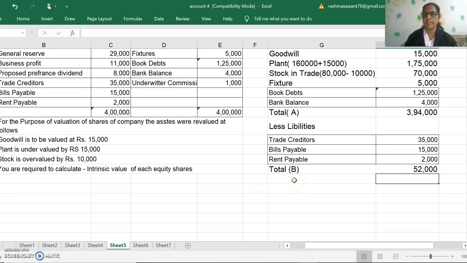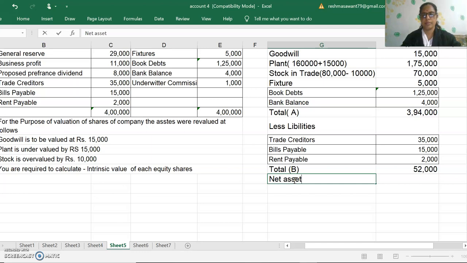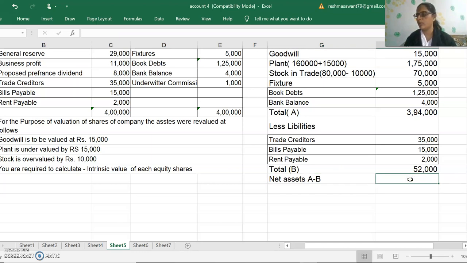Then net asset is equal to A minus B. A minus B, the answer will be 3,94,000 minus 52,000, that is 3,42,000.